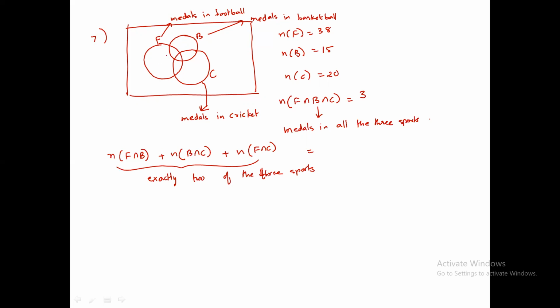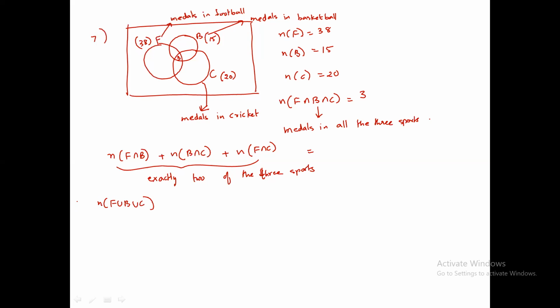So what I will do here is I will write here 38, here 15, and here 20, and in the center I will write 3, because all the 3. And now we have to take n of F union B union C. That is given in the question.